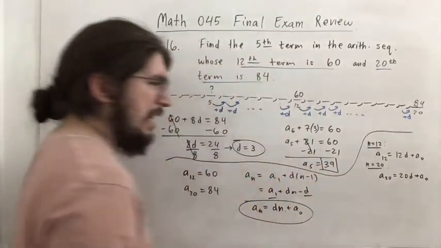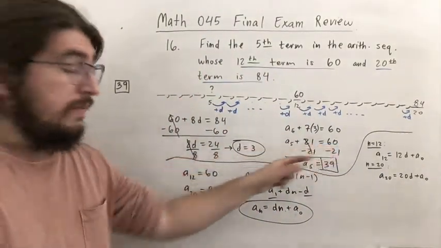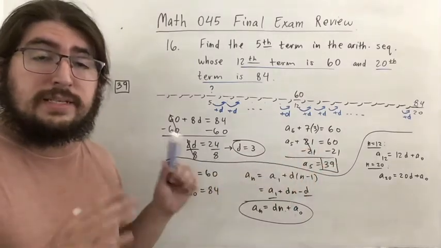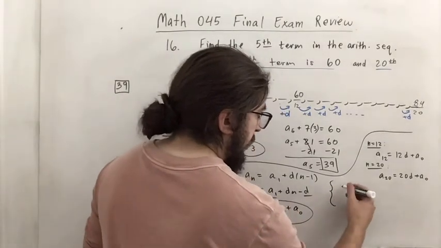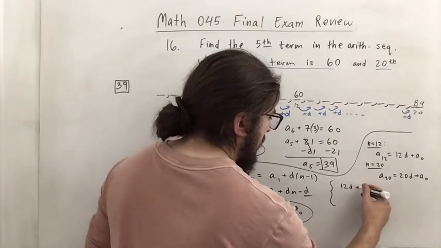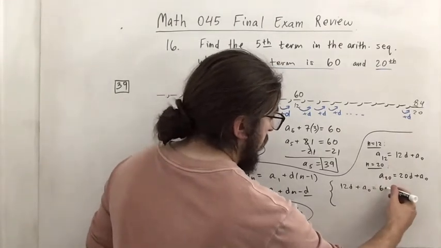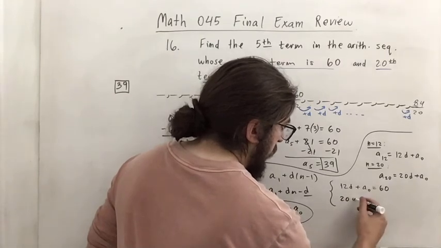So you may think, how does that help? Because we really haven't done too much here. But notice, what is a12? A12 is 60. What is a20? A20 is 84. So really we get a system of two linear equations. We get 12d plus a0 is equal to 60. And 20d plus a0 is equal to 84.